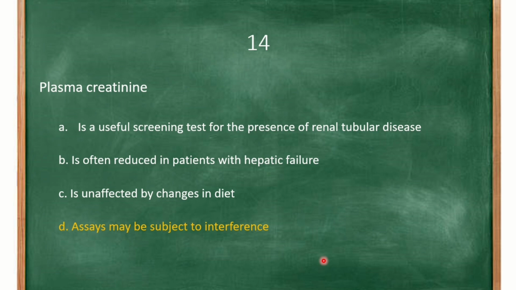Then D, assay may be subject to interference. Sometimes when you are assaying for creatinine in a sample and the patient is on some medication, it can also cause certain interferences. So that's why we are selecting option D as our answer.